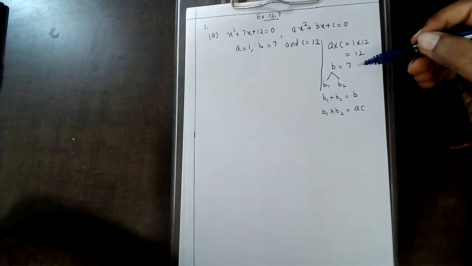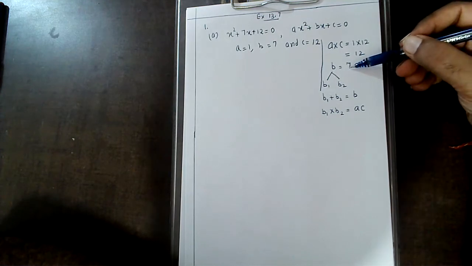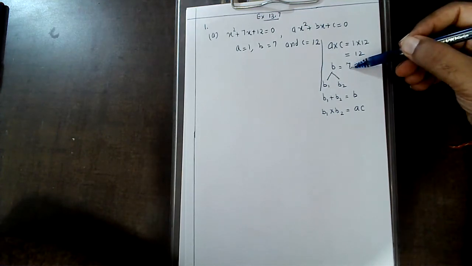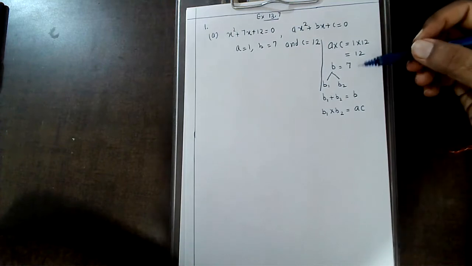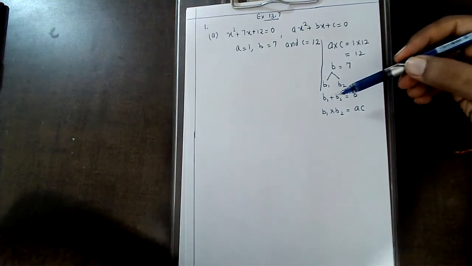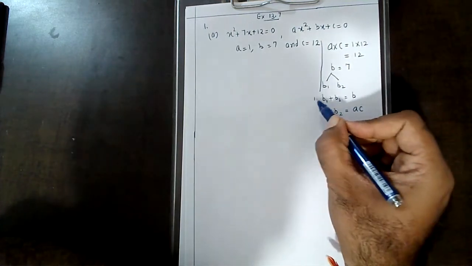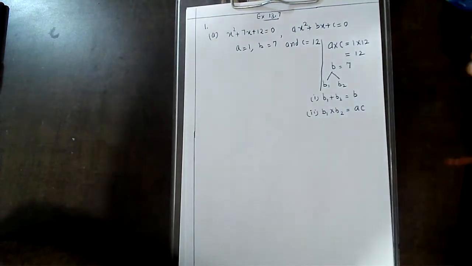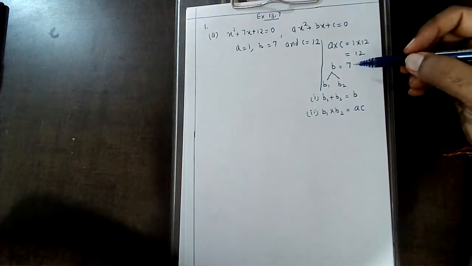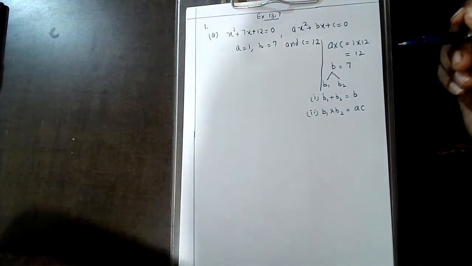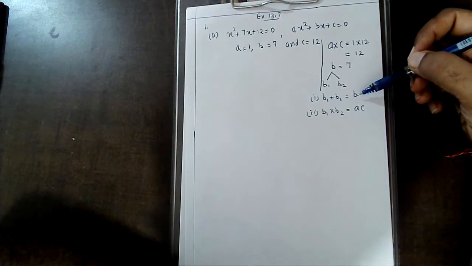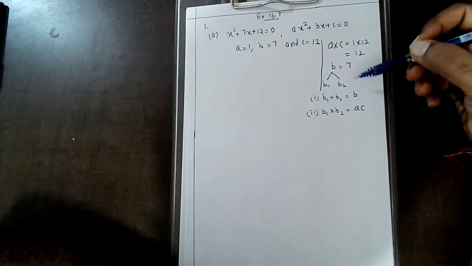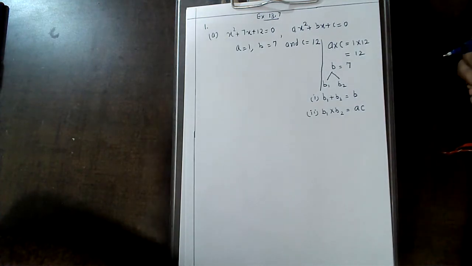Now we have to split it into two parts so that it satisfies condition number 1 and condition number 2. You have to think about how to split 7 so that sum becomes 7 and product becomes 12.